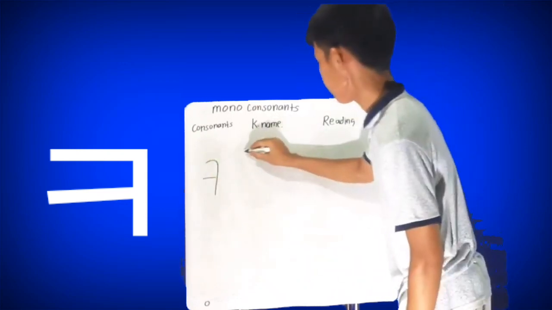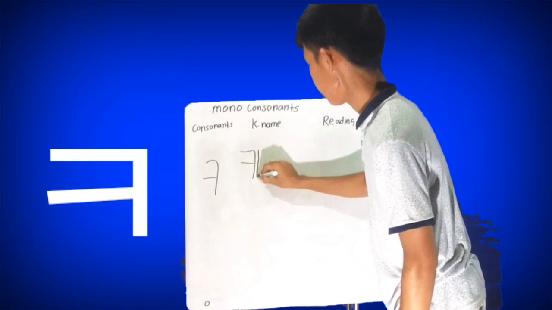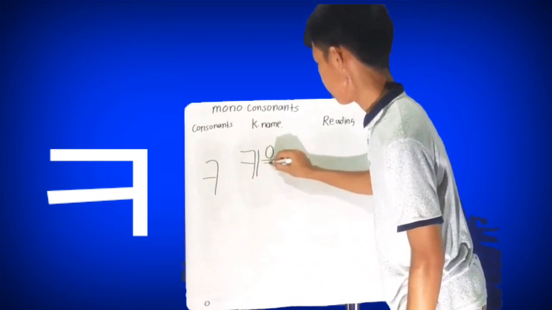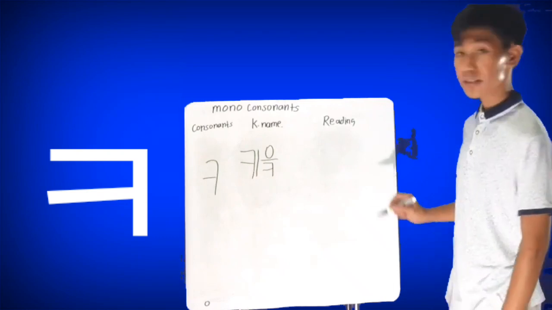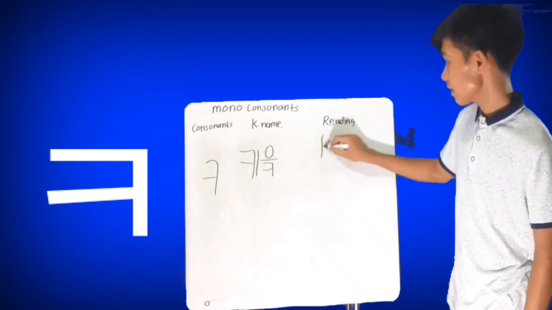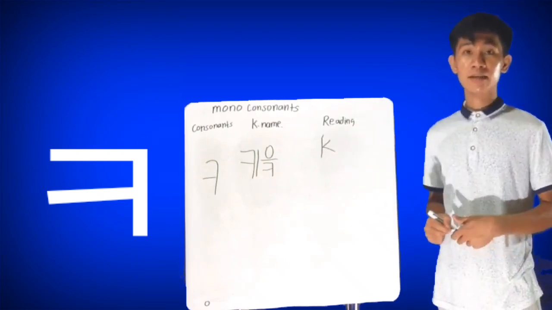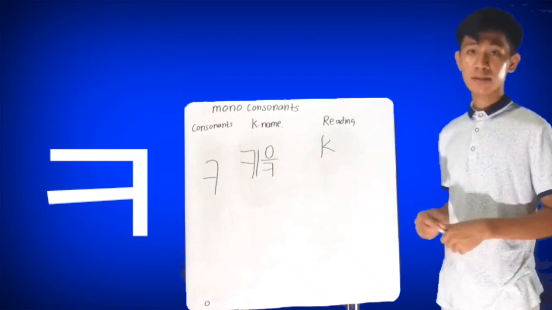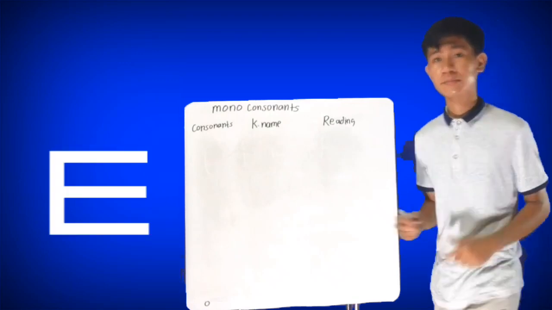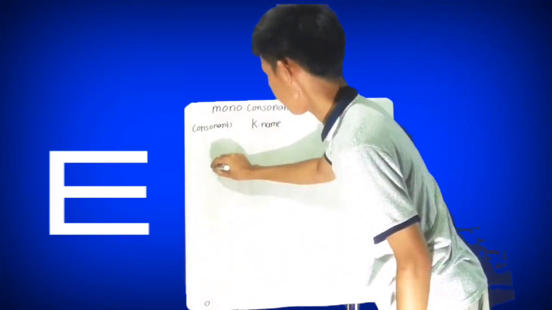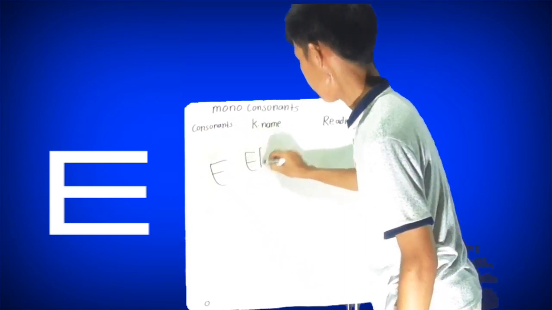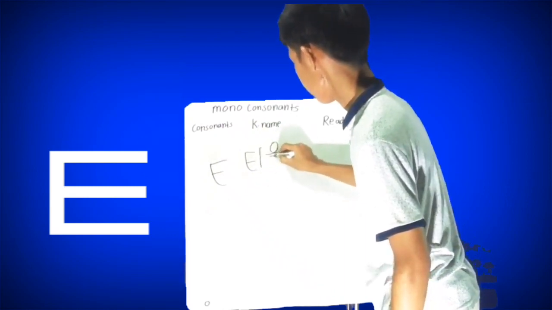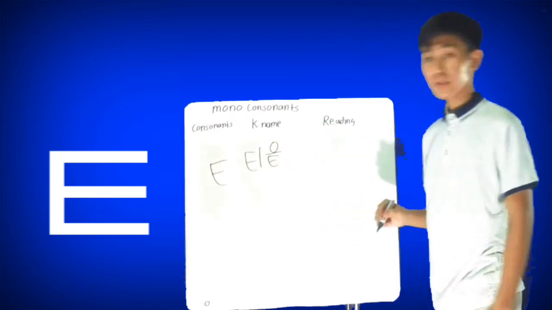Next is kieuk. In English, it is letter K. Like kill. Next is tieut.